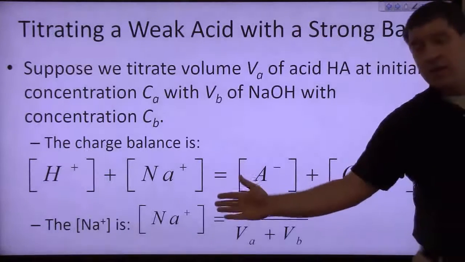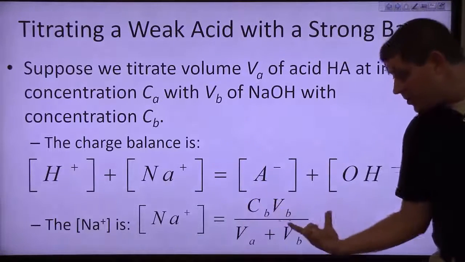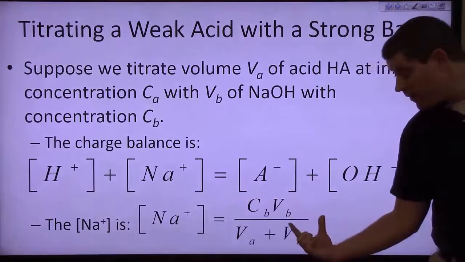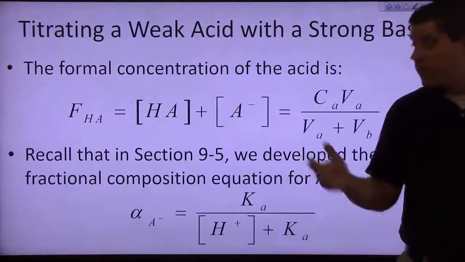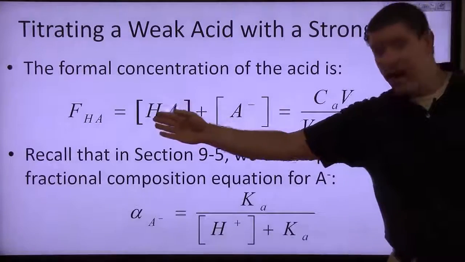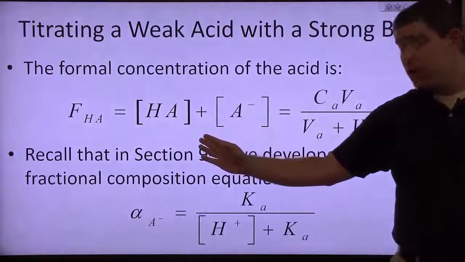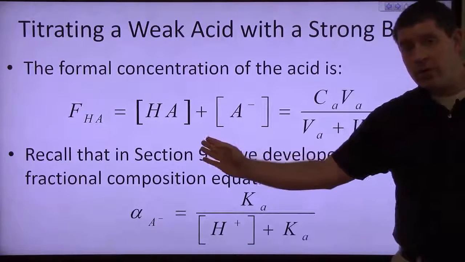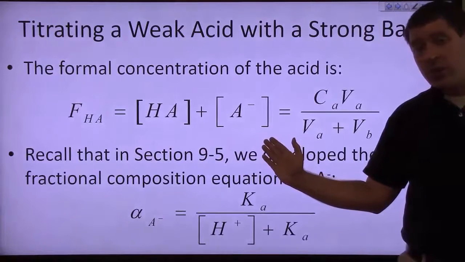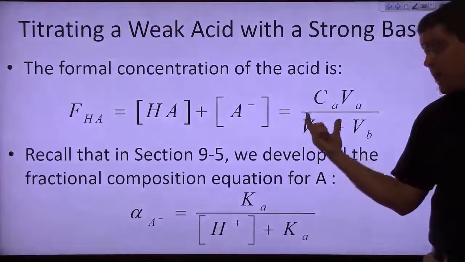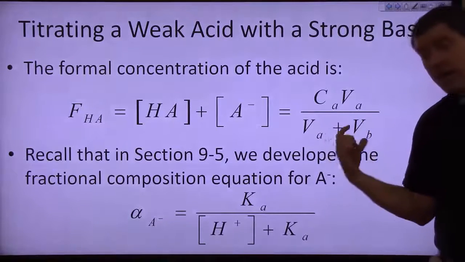Now note that the sodium ion concentration is equal to Cb times Vb divided by Va plus Vb. The formal concentration of the acid, given by FHA, is then equal to the concentration of the protonated form HA plus the concentration of the deprotonated form A-, which is then Ca times Va divided by Va plus Vb.